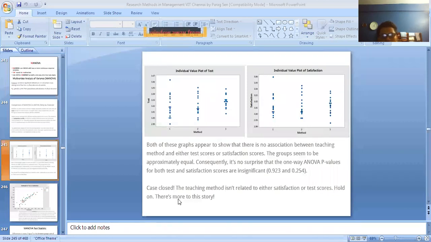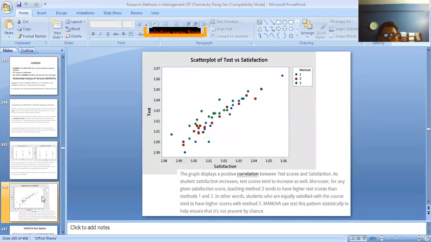Hold on, there is more to this story. What is this story that we see in the next slide? In this graph, a scatter plot of test versus satisfaction scores is provided. Along the x-axis you are representing different satisfaction scores, and along the y-axis you are representing different test scores.